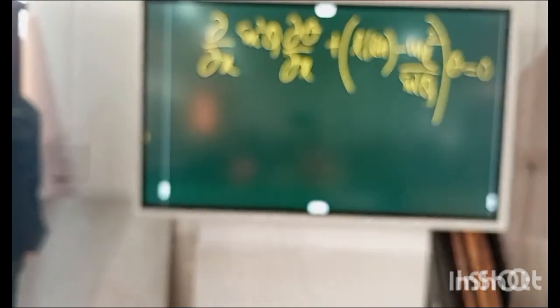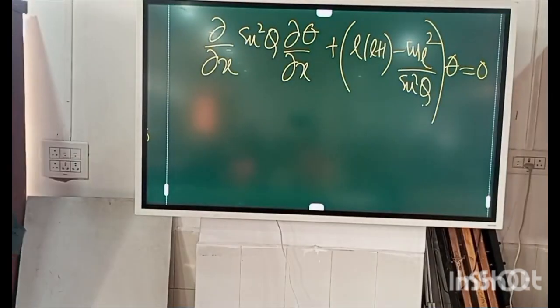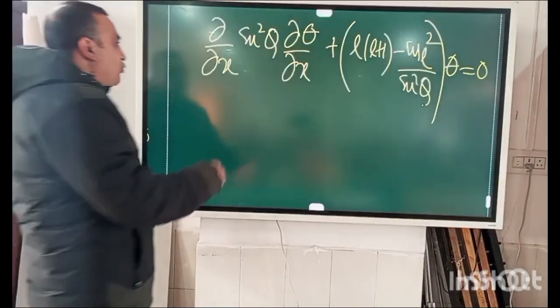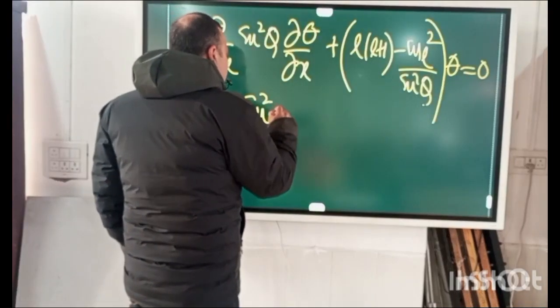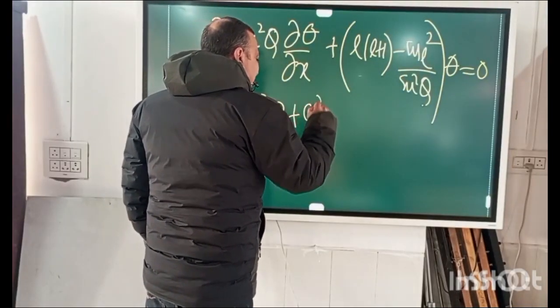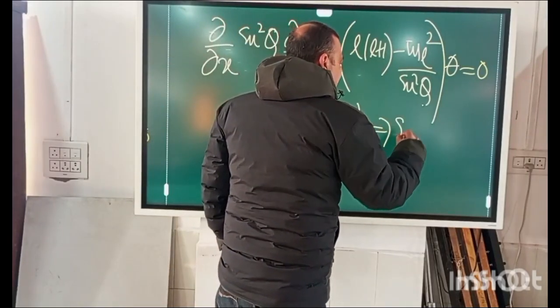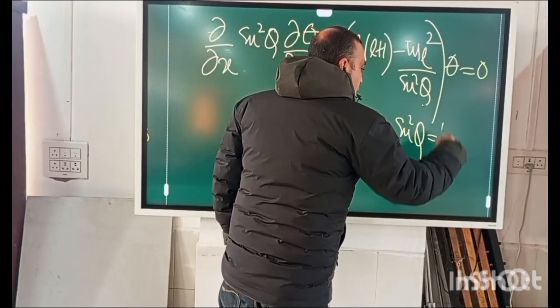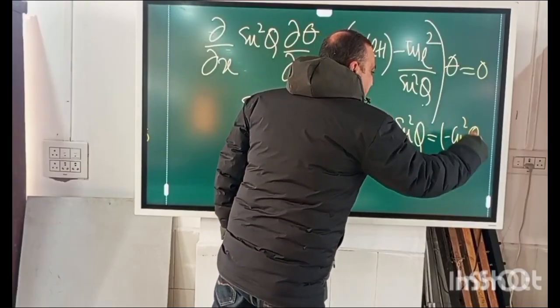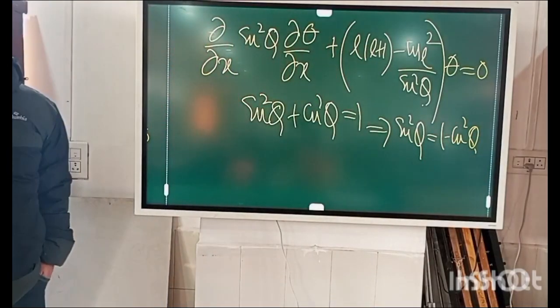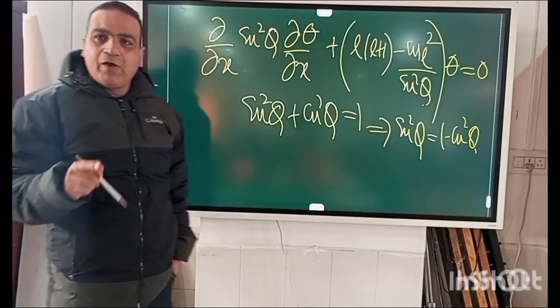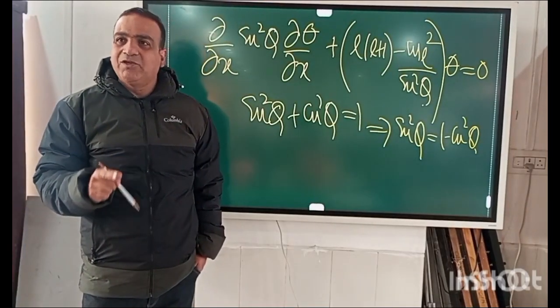Fine? Any confusion? There should not be any confusion if I write down sin squared θ plus cos squared θ is equal to 1, and that means sin squared θ is 1 minus cos squared θ. There should be no doubt about it. You remember exactly where I started when I tried to solve this equation?